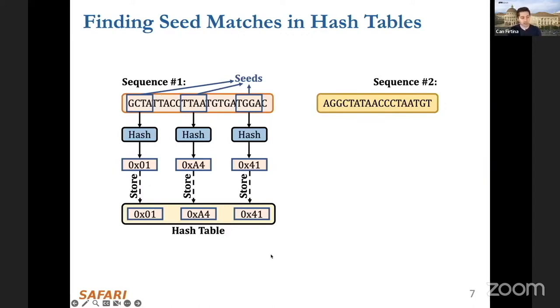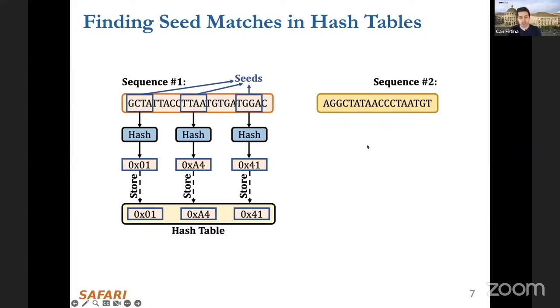Constructing such a hash table is very useful because it enables us to quickly query the hash table to find whether we have a particular k-mer or seed in that hash table, to identify the matching regions between a pair of sequences. So let's go over that step, to query the hash table.